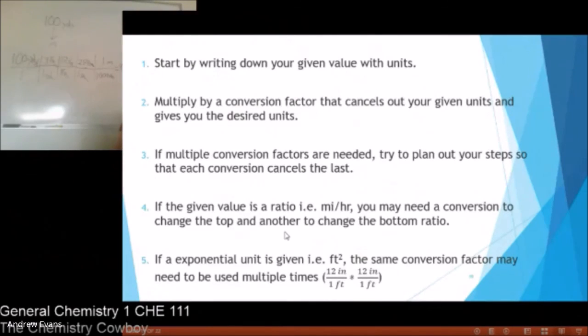And finally, if there's an exponential given, say feet squared, you'll have to do a conversion twice. Like if I have a room that is, let's say hypothetically, let's do another problem real quick.